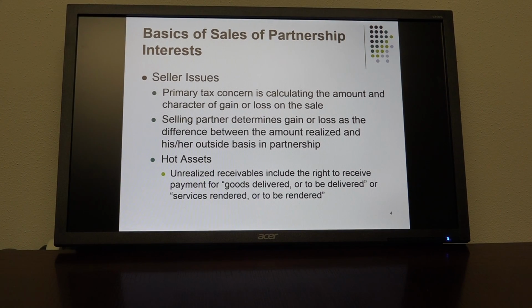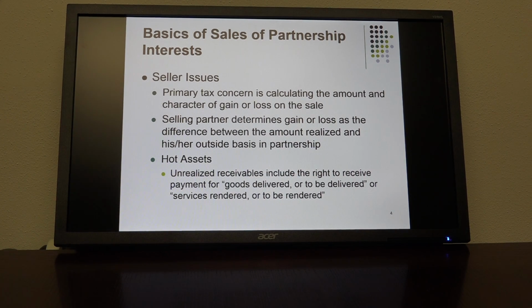If the selling partner, in their disposition of their ownership interest in the partnership, is also relieved of debt, then that amount of debt relief increases their amount realized.